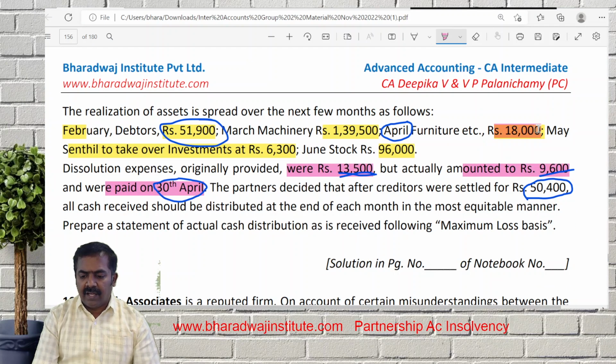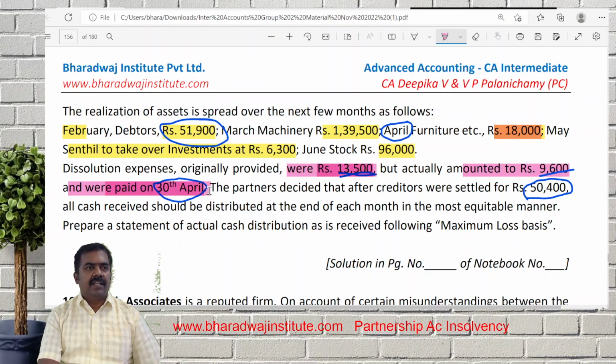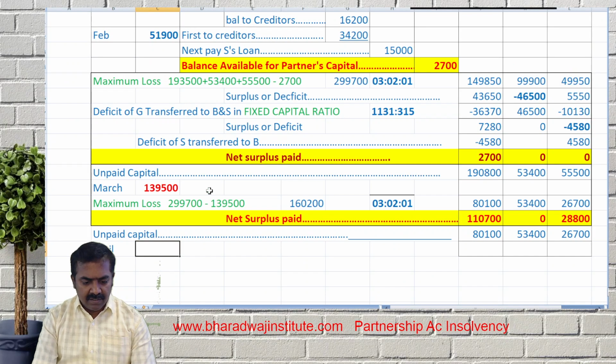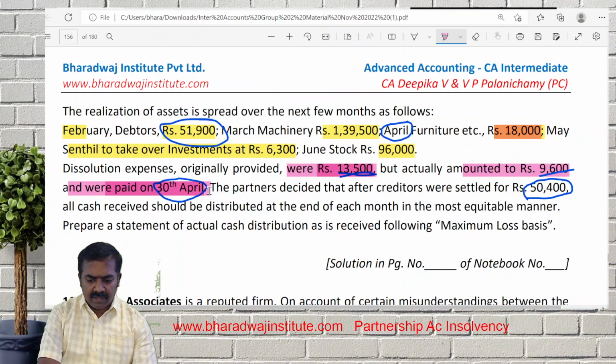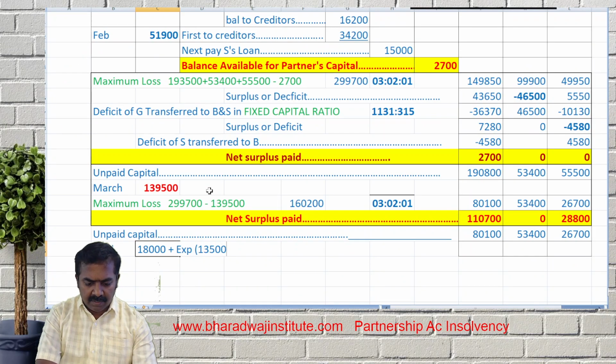Furniture 18,000. Wait, there is a surplus in expenses also. Actual expenses are paid in which month? April itself. So April month 18,000 plus the surplus from expenses. What is the surplus? 13,500 minus 8,900 spent.